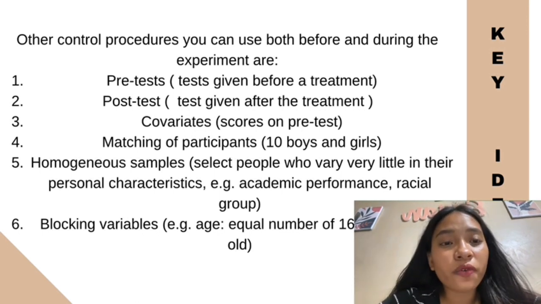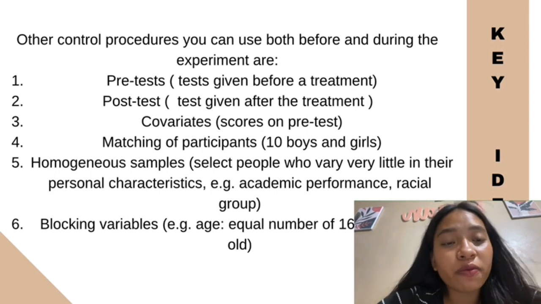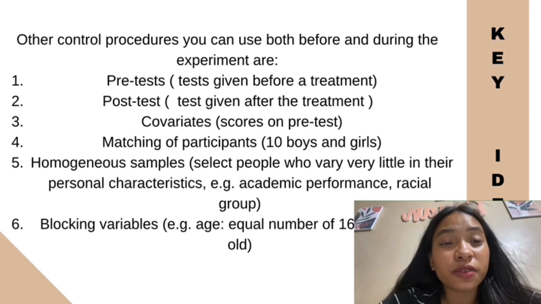The covariates are the scores on the pre-test, but they might also be any variables correlated with the dependent variable. Next are homogeneous samples, which are people selected because they vary very little in their personal characteristics, for example their academic performance and their religious groups.